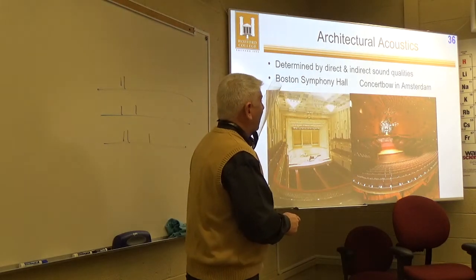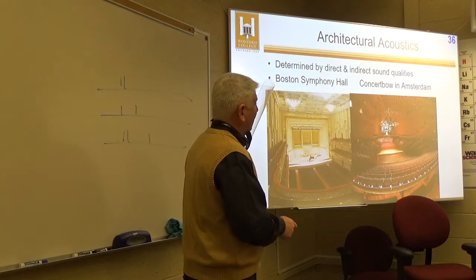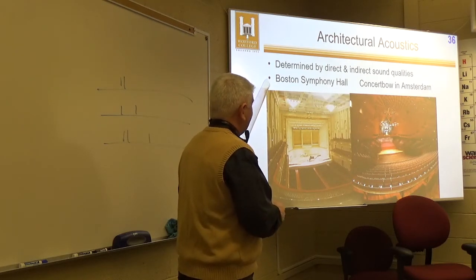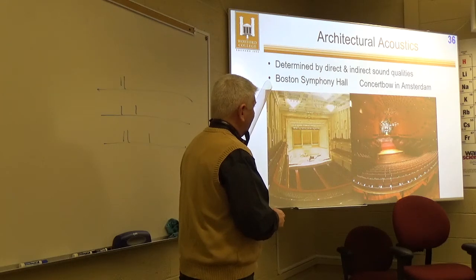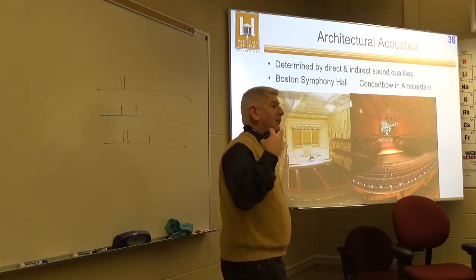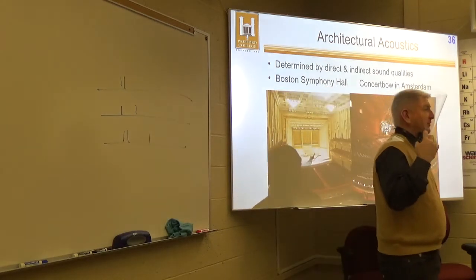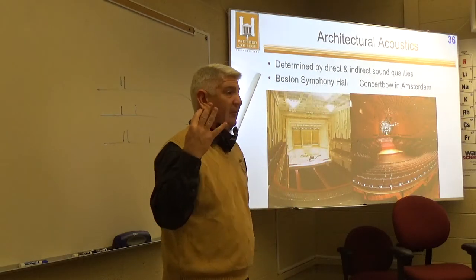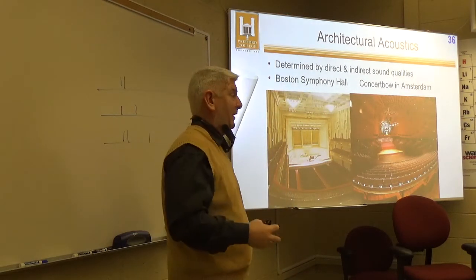So we see these unusual shapes here. We see again some of these coffers and these other beams along the walls here are breaking up that sound in a way to disrupt it so that we don't hear the reverb, the indirect sounds as much.